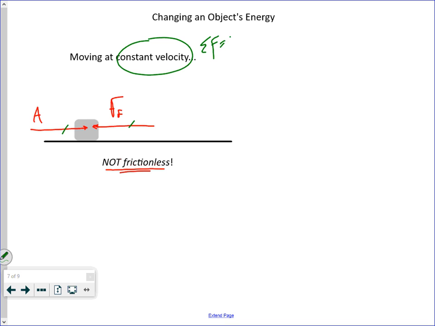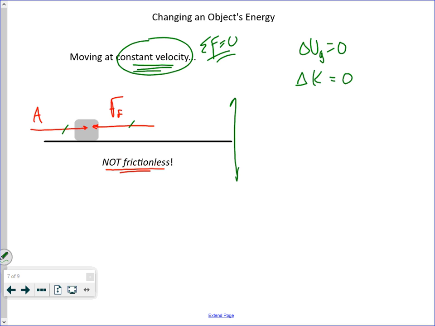We know that means equilibrium. Net force is 0. There's no moving up or moving down, so delta U is 0, and if we say constant velocity, delta K is 0.